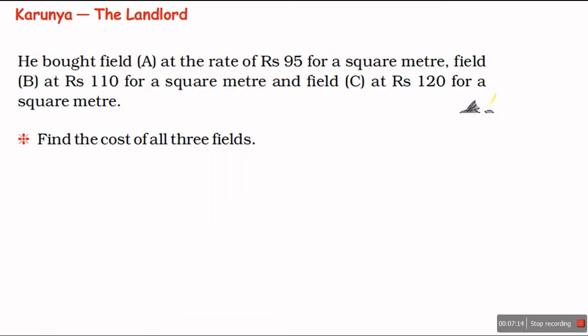He bought field A at the rate of rupees 95 per square meter, field B at the rate of rupees 110 for a square meter, and field C at the rate of rupees 120 for a square meter. Find the cost of all the fields. What is the area of A? Area of A is 756 square meter.